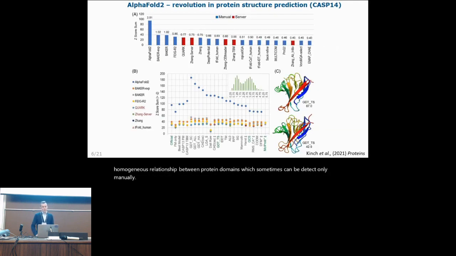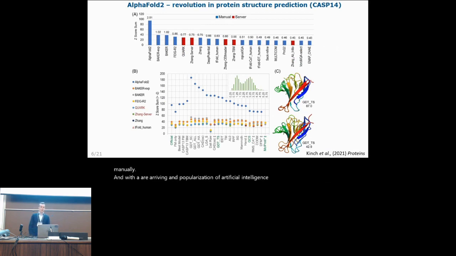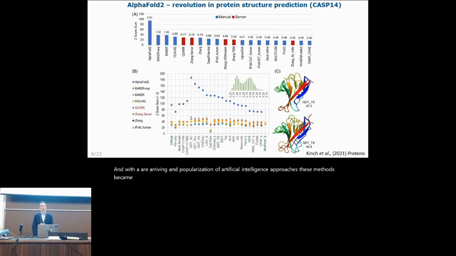And with the arrival and popularization of artificial intelligence approaches, these methods became really popular and useful in many fields of research, and structural computational biology is not an exception. I'm sure you have already heard about AlphaFold.